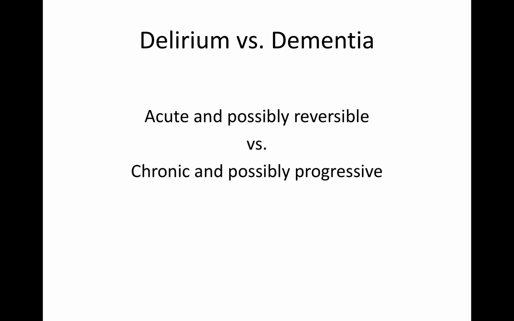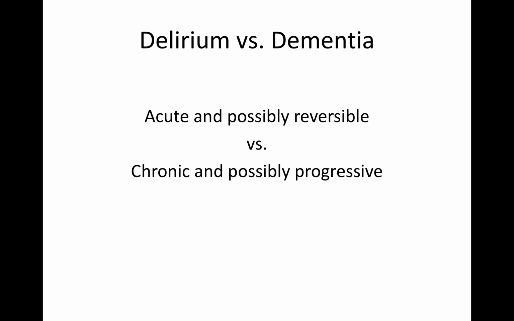That could be because the patient is dehydrated. That could be because they're infected. That could be because they have a heart attack. That could be because they're otherwise sick and in a strange foreign environment like the hospital. And people that are more prone to it may be elderly. That is what delirium is, something that's come on pretty quickly, where someone's confused, where they have waxing and waning levels of consciousness, and you're looking for a cause, and you're trying to address and reverse that cause.